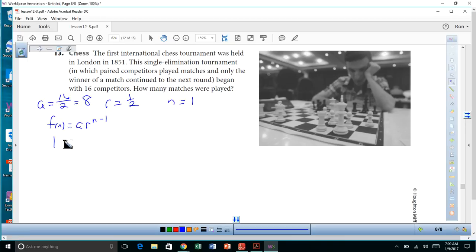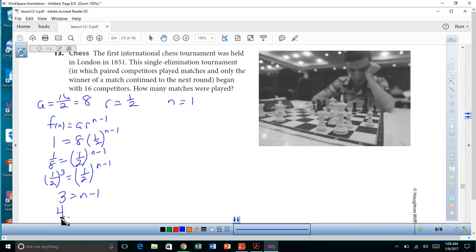So F of N is 1, A is 8, R is 1/2, and then n minus 1. So that's going to be 1/8 equals 1/2 to the n minus 1. So that's 1/2 to the third power equals 1/2 to the n minus 1. So 3 equals n minus 1, 4 equals n.